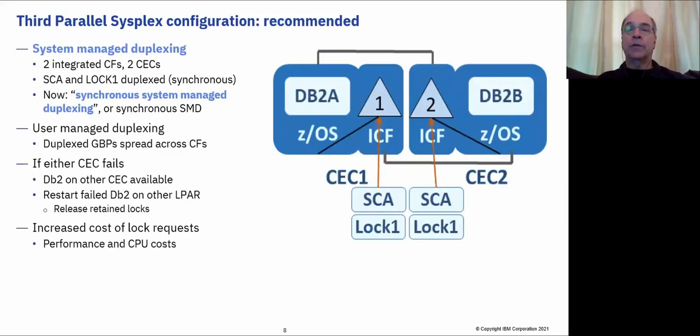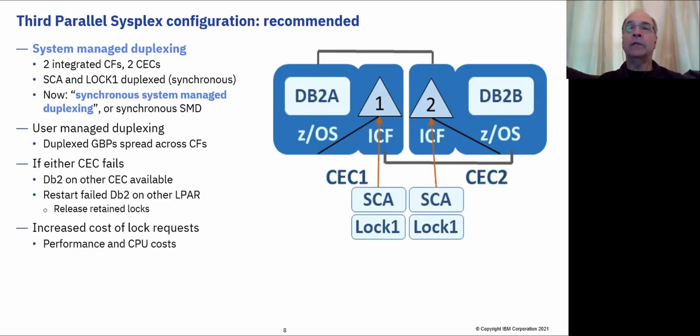So in this sort of 2 CEC, 2 ICF configuration, we recommend duplexing the SCA and duplexing the lock structure. Now this sort of duplexing is called system managed duplexing. That's how we introduced it when it came out in the early 2000s.